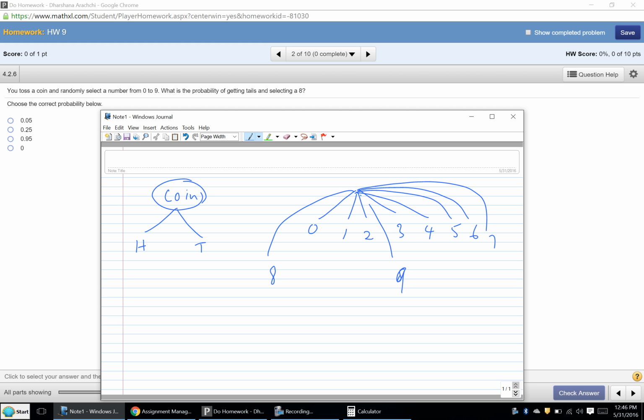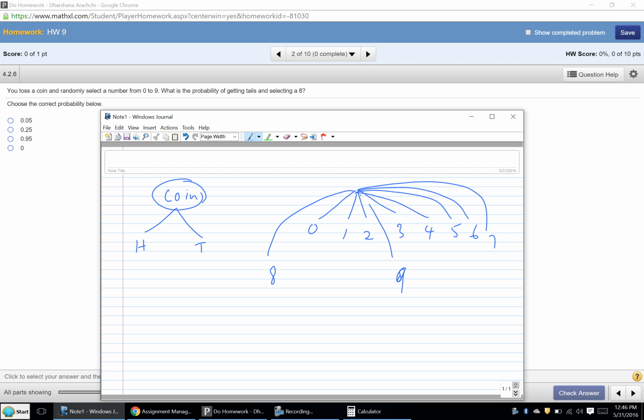Now what does the sample space look like? As you get comfortable with the concepts, of course you are welcome to write the answer straight away, but since I'm just introducing this section for the first time, I would like to explain this problem using first principles, which is using the sample space.